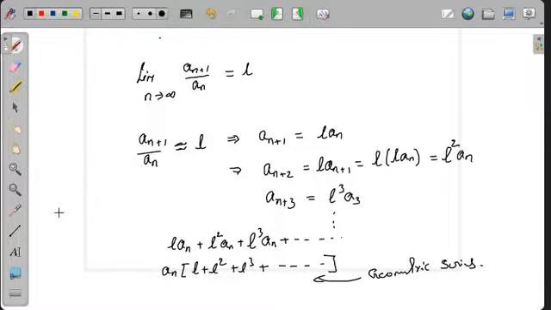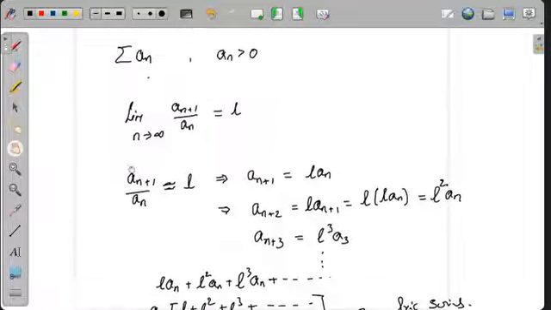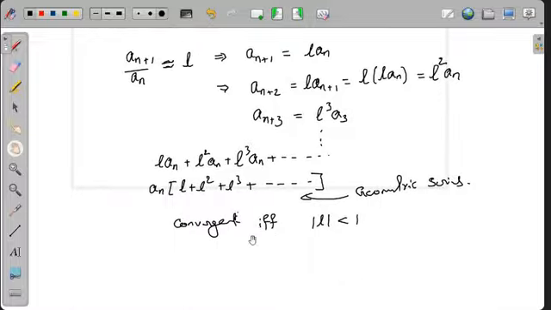And we know that this geometric series is convergent if and only if the absolute value of L is less than 1. Anyway, we are taking a positive term sequence, so L is definitely positive, and there is no need to take the absolute value.